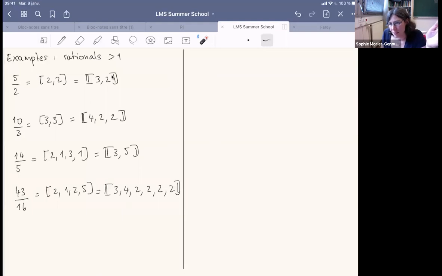Actually, I said that irrational numbers may be more interesting, but for the rest of the lecture, of the course, I will usually only think of rationals greater than 1, because I want to do combinatorics. So I want positive numbers to be able to count things, and also I want finite sequences.